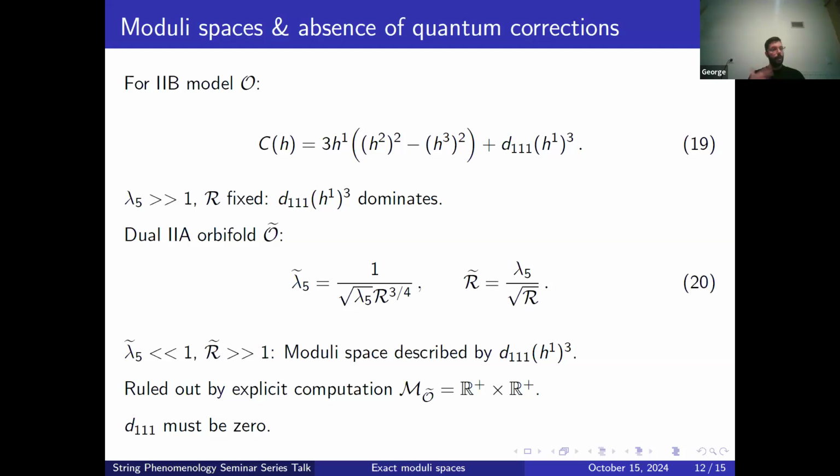So based on this duality, we conclude that D111 must be 0. And since this was the only possible deformation of the cubic polynomial, and this is 0, the cubic polynomial in the quantum theory is the same as in the classical theory. This means that there are no corrections to the metric on the moduli space.